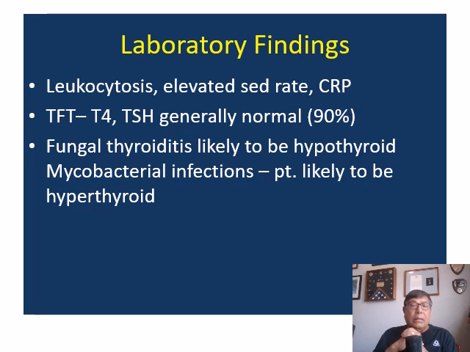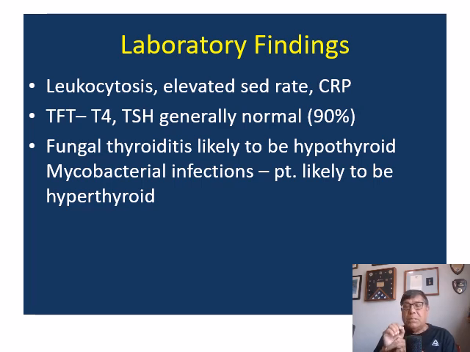If the patient has fungal thyroiditis, the patient could be hypothyroid. In the very few literature reports that I found, if the patient has mycobacterial infection, the patient is likely to be hyperthyroid.